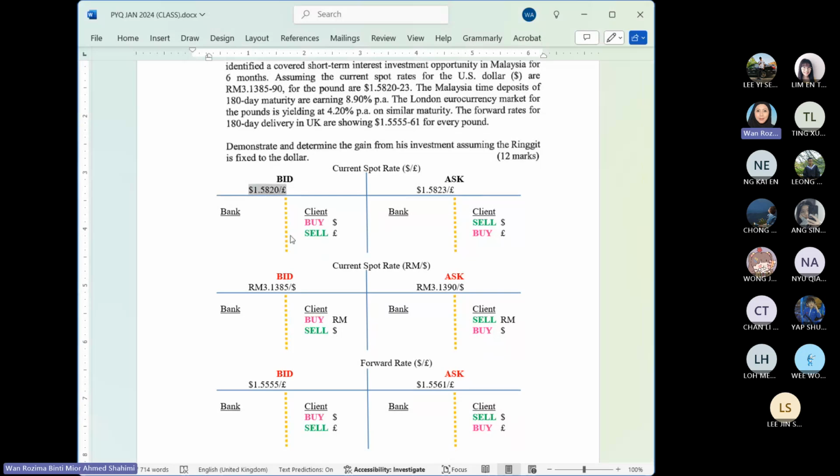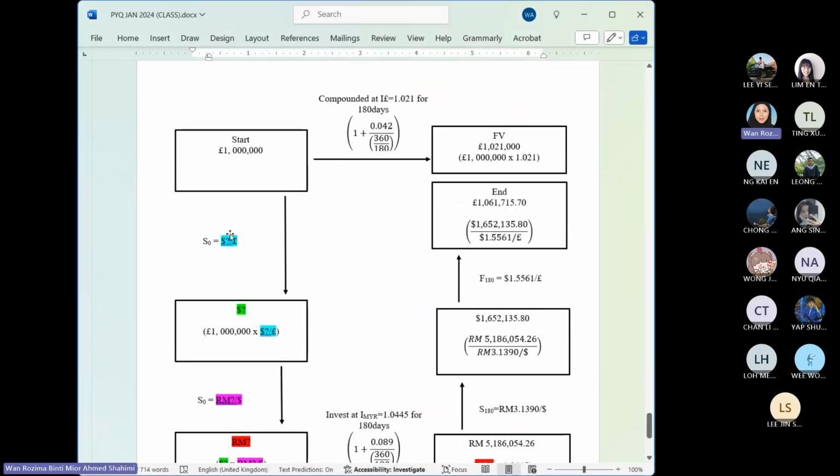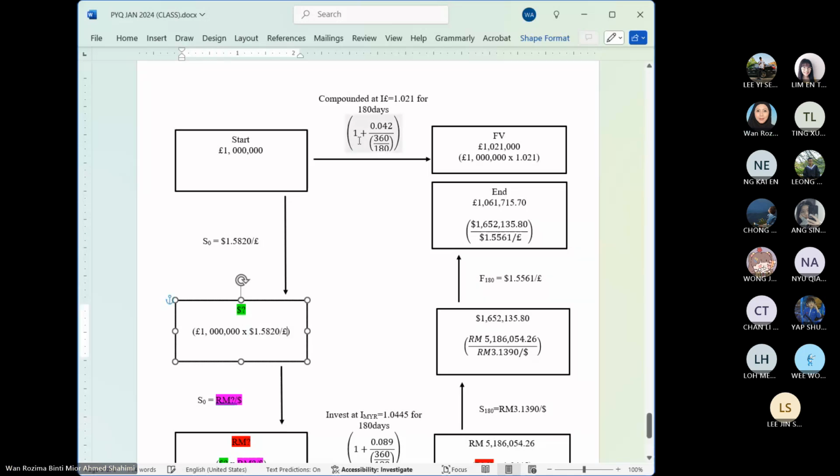So use the bid price. Let's substitute the bid price, and then 1 million, and we need to multiply with this. Then you will get the amount, 1,582,000.